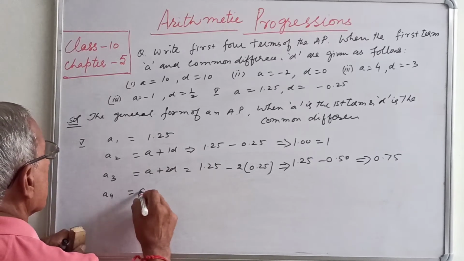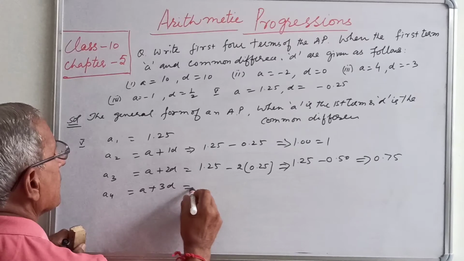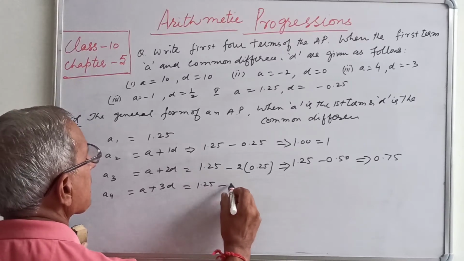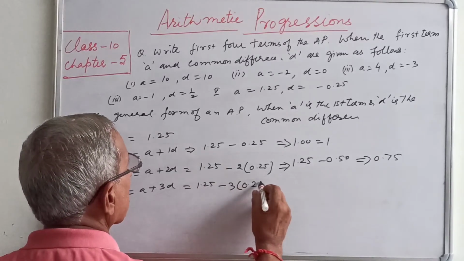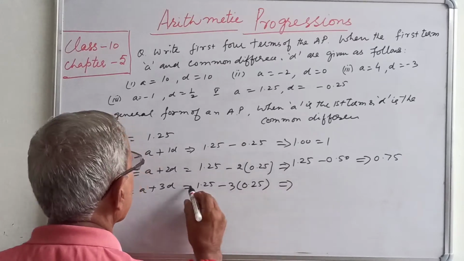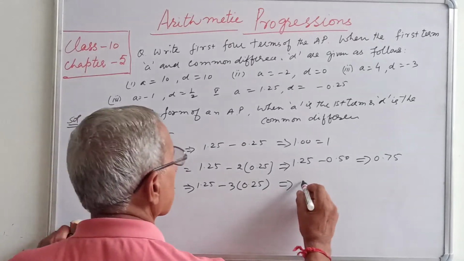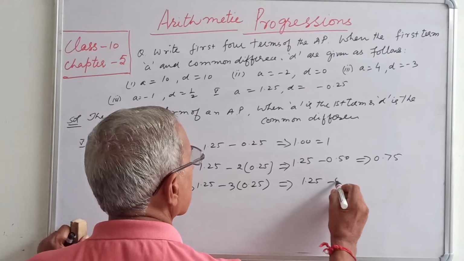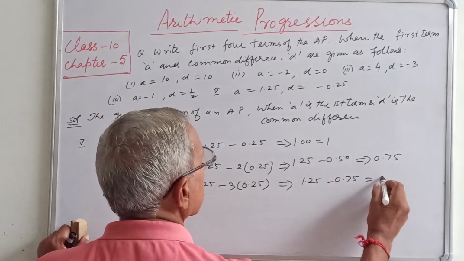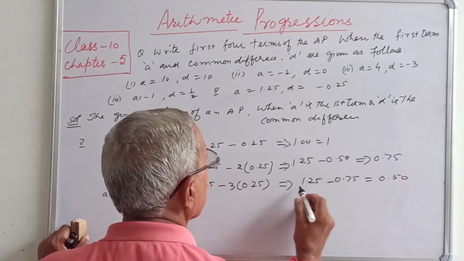A4 is a plus 3d, 1.25 minus 3 into 0.25, so 1.25 minus 0.75, that is 0.50.